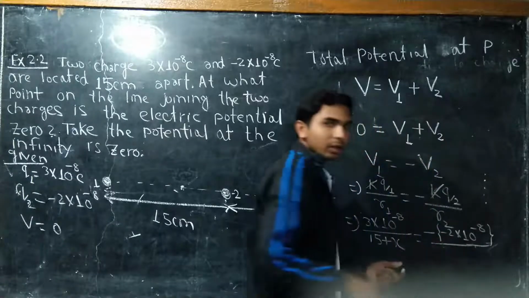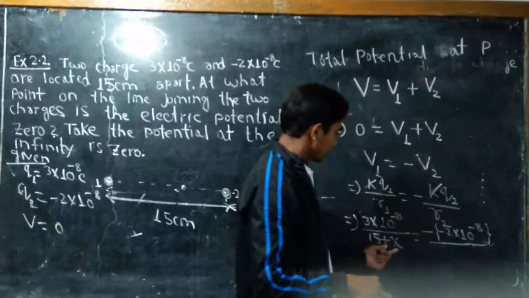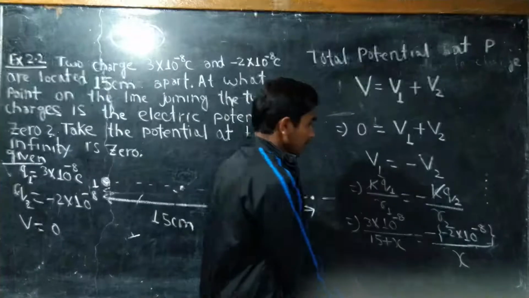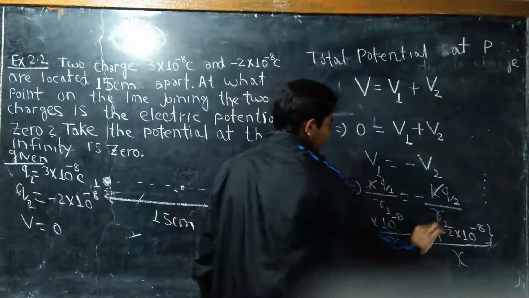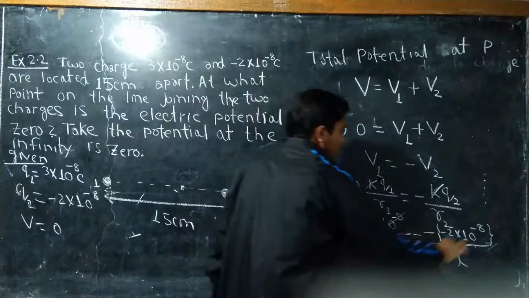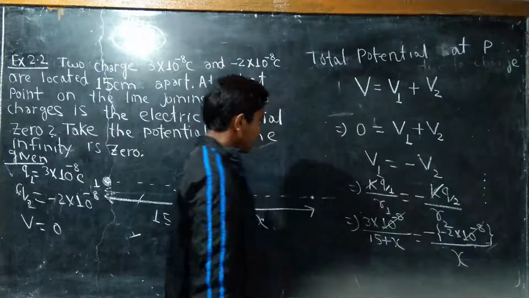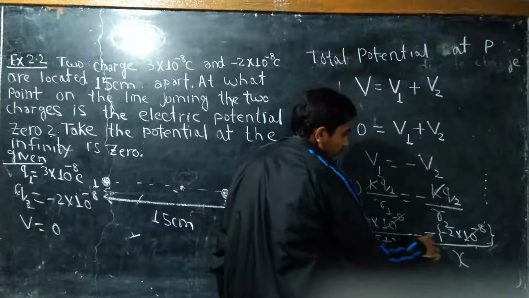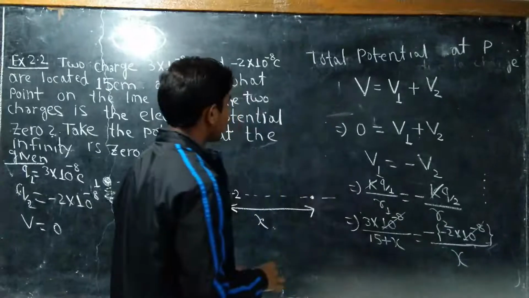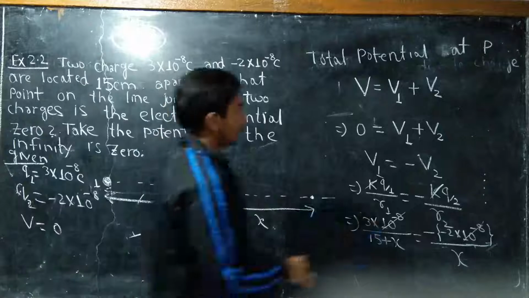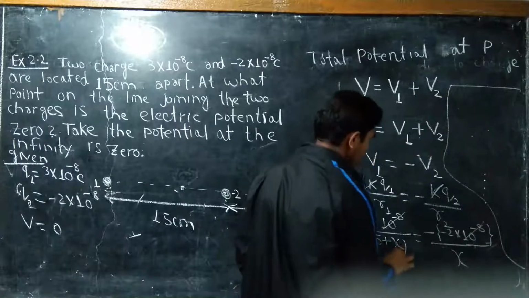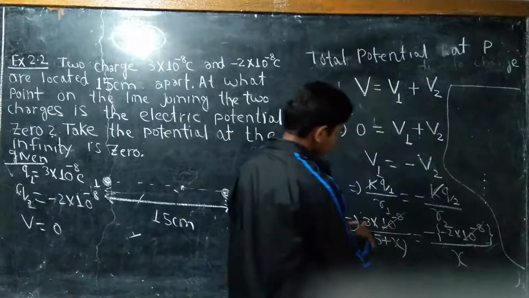This minus becomes plus, right? And here X will come. 10 to the power minus 8 cancels. So now we have to go for cross multiplication, right? Here what is present?